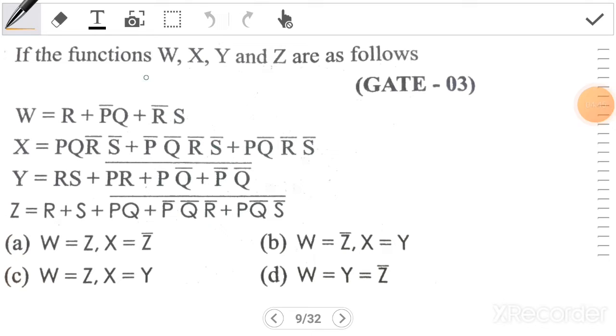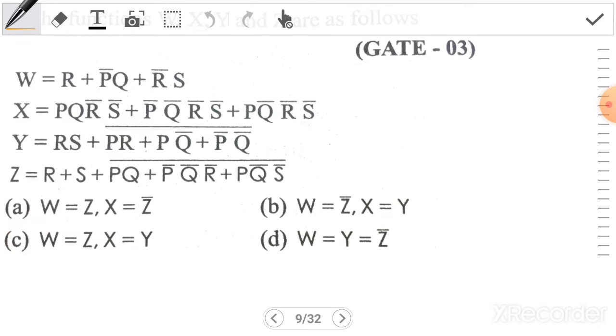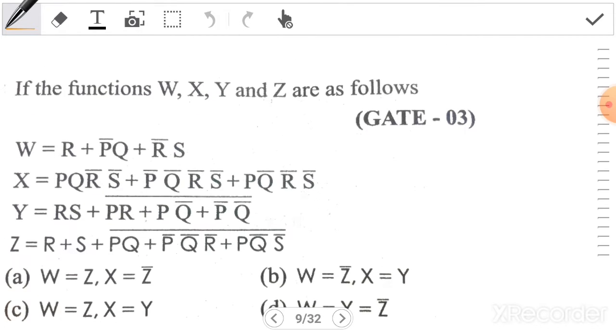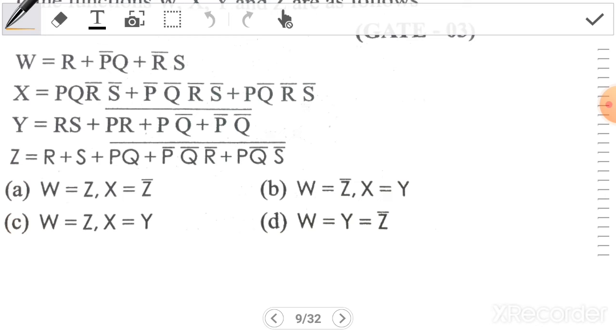If the functions w, x, y, z are as follows, find the correct option. So let us first minimize these expressions.